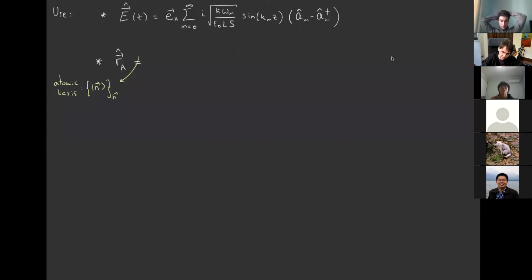And then I can use that as a basis in the space of the atomic system. In particular, I can represent the coordinate, this r, in that basis.